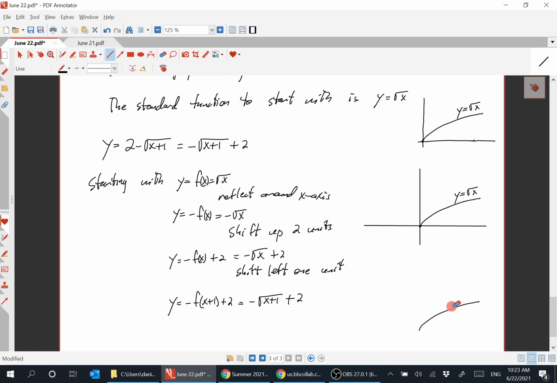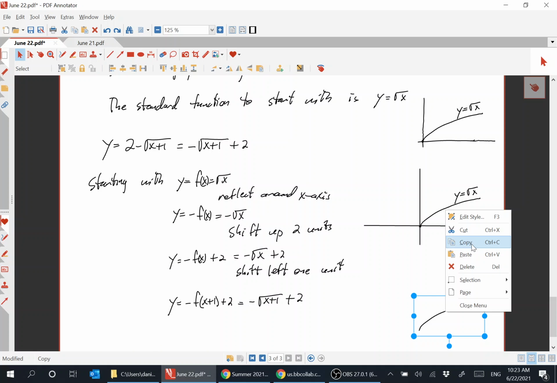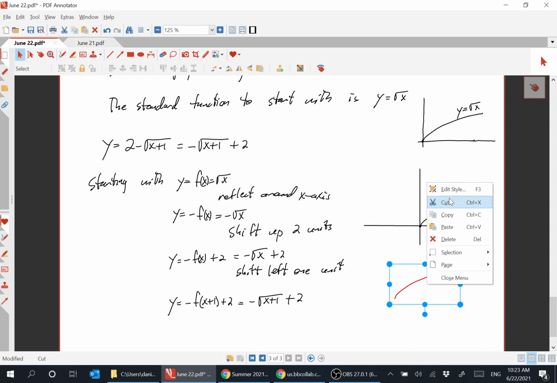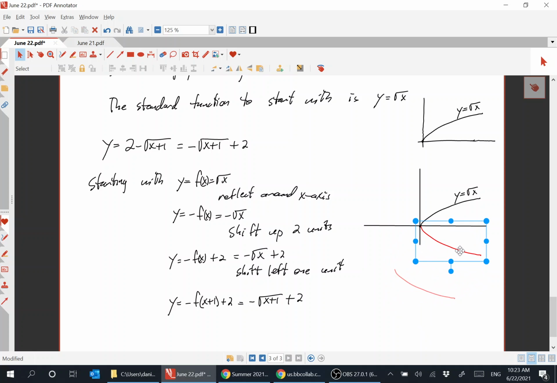First we're going to reflect around the x-axis. So that's going to flip this guy upside down. And then we're going to shift 2 units up. So 1, 2, and then shift left 1 unit. So looking something like that.